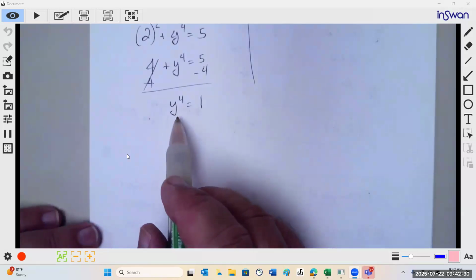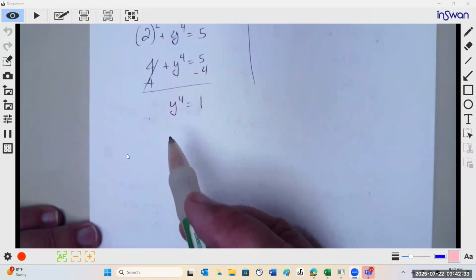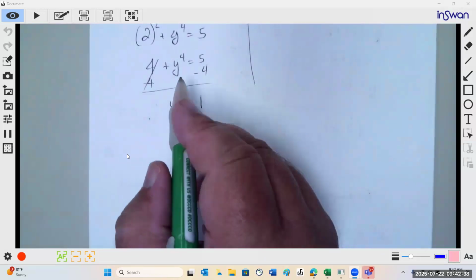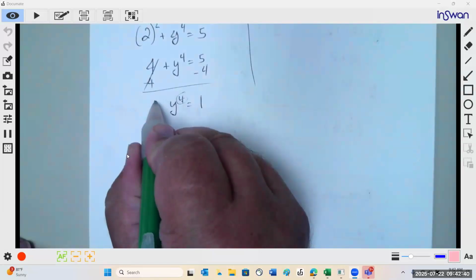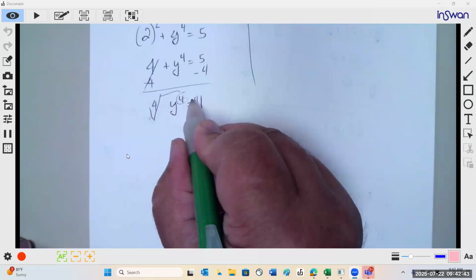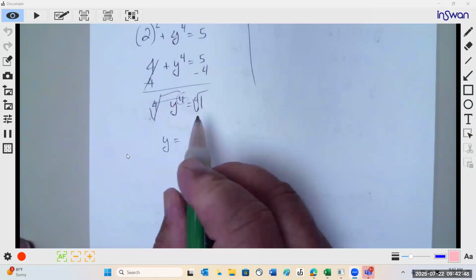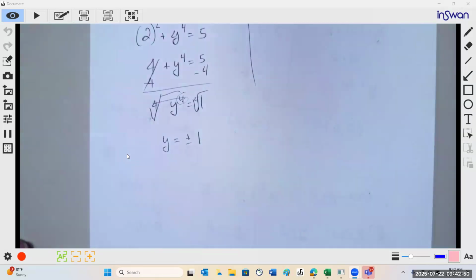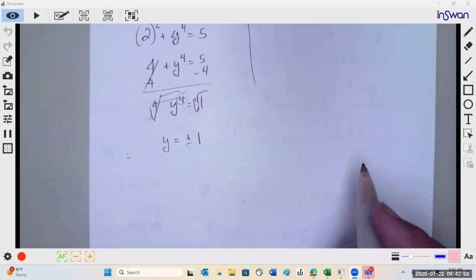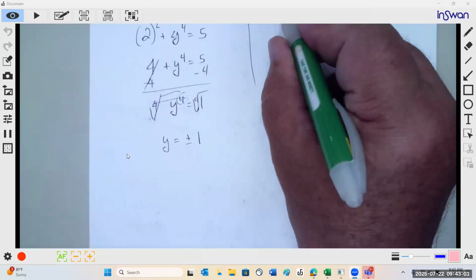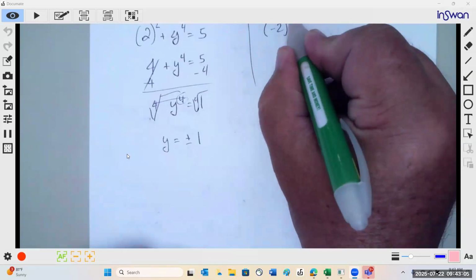I'm solving for y. How do I get rid of the 4? Remember, if it was a squared, I would square root both sides. But since it's a 4, I've got to take the fourth root of both sides. y is equal to plus or minus 1. Now I put negative 2 in there.